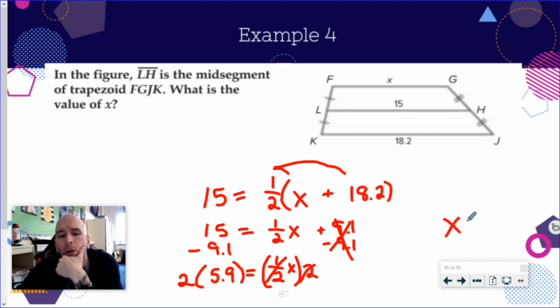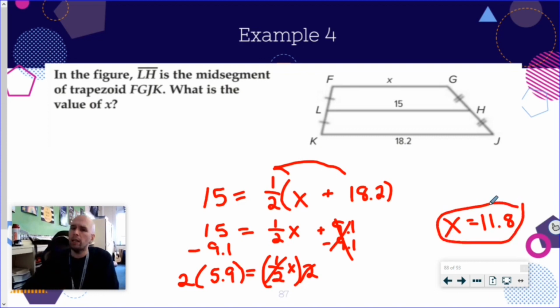And x is going to be what looks like 11.8 after I multiply 5.9 times 2. That seems about right. 15 seems to be smack dab in the middle of 11.8 and 18.2. Smack dab in the middle.